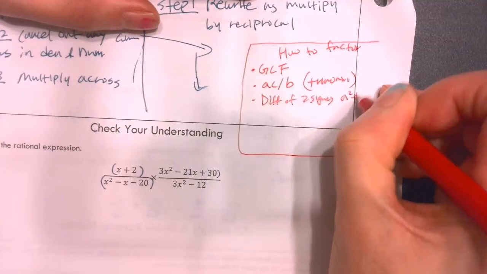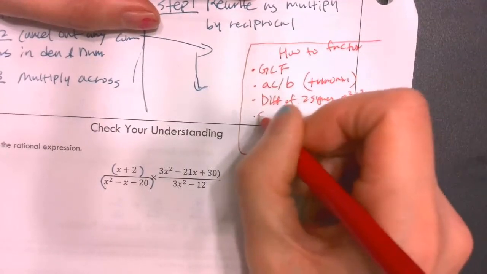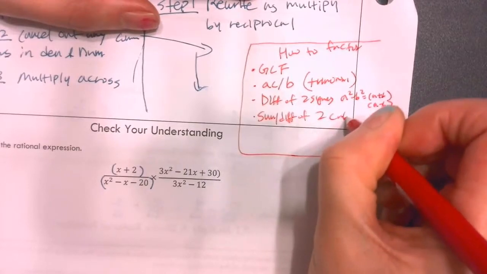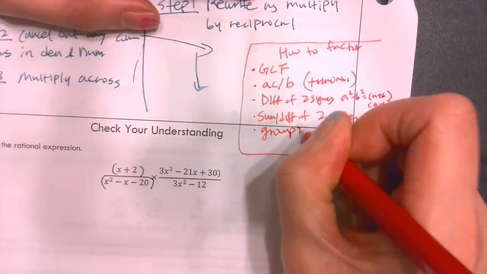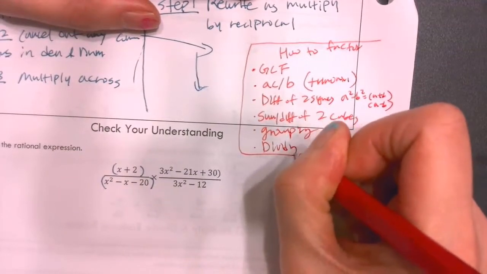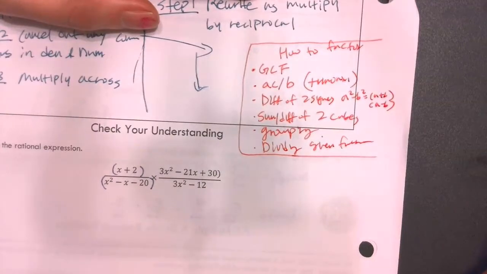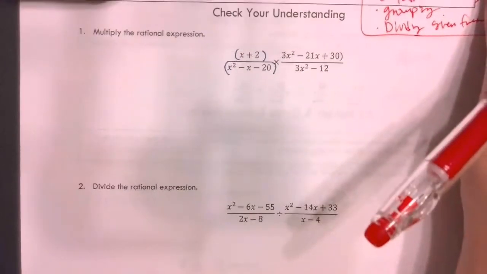So a squared minus b squared is a plus b times a minus b. We learned about the difference of 2 cubes. That's a big formula we learned. We learned about grouping, and we also learned about synthetic division given a factor. Sorry, my handwriting's bad, but you got that point. Okay, so go back here.